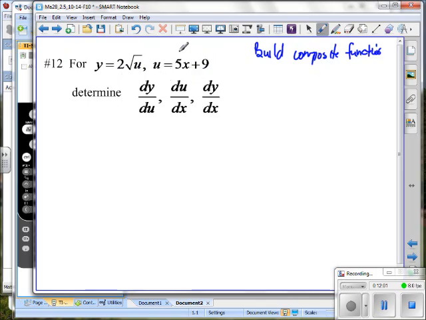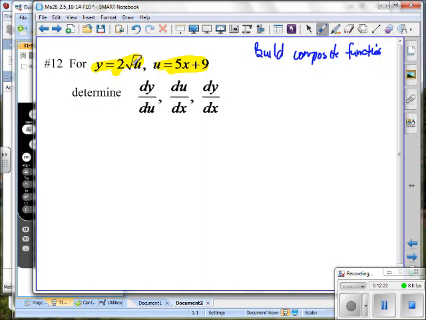If I'm given this information, these two quantities, I'll highlight them here. This is one, and then this is the other. If I'm given that information, can you see a composite function? Nick, what do you see there?